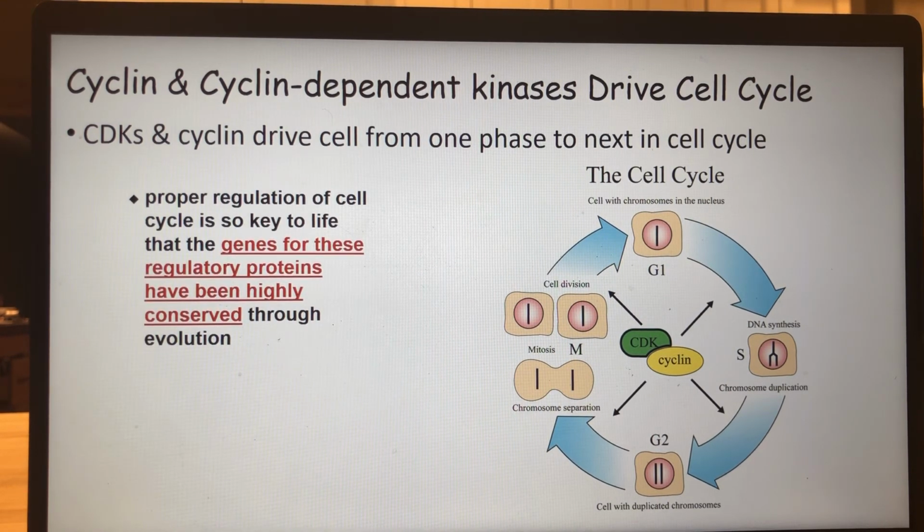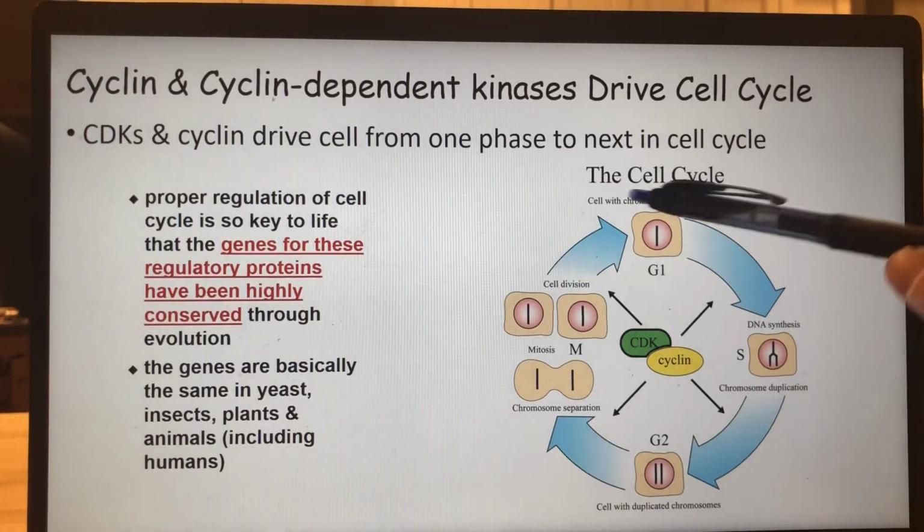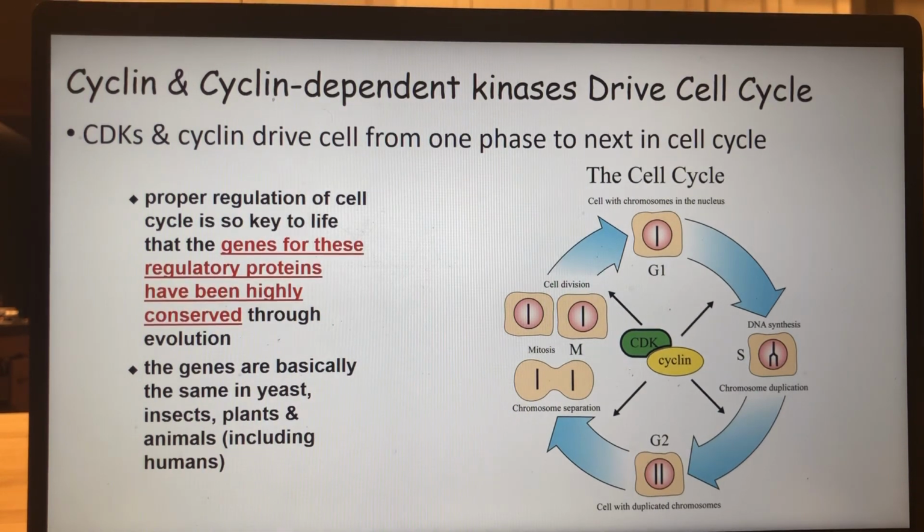The genes for these CDKs and cyclins have been highly conserved through evolution, and basically the same CDK and cyclin genes that we use in our cell cycle are also used by plants, insects, and yeast, which makes genetic engineering quite fabulous because we're able to basically use the same kind of tools to maybe have the yeast or bacteria produce our own genes.